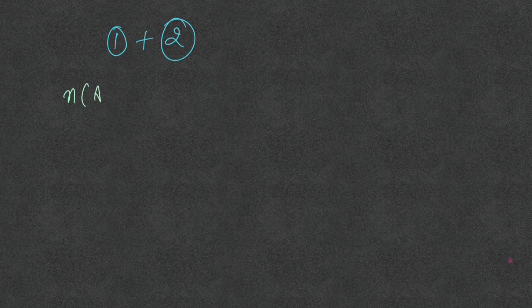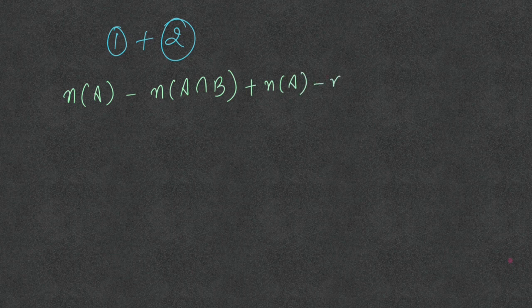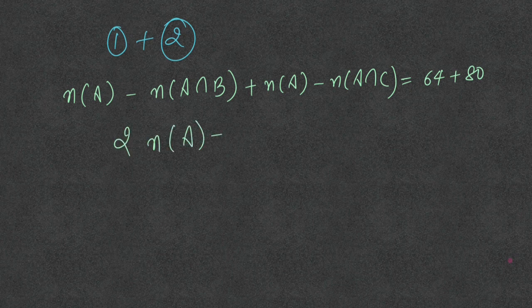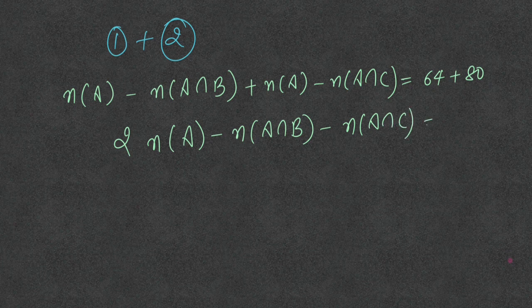Now add equations number 1 and 2. We get n of A minus n of A intersection B plus n of A minus n of A intersection C is equal to 64 plus 80, which becomes 2 times n of A minus n of A intersection B minus n of A intersection C is equal to 144.